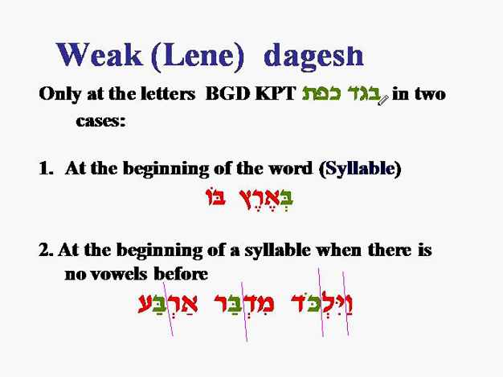Let's take the first one, the Bet. If I put a Dagesh in the Bet, the pronunciation would be B. So this is a plosive pronunciation. When there isn't a Dagesh in the Bet, it sounds as V, which is a fricative pronunciation.